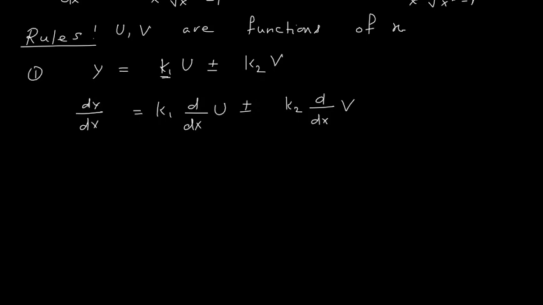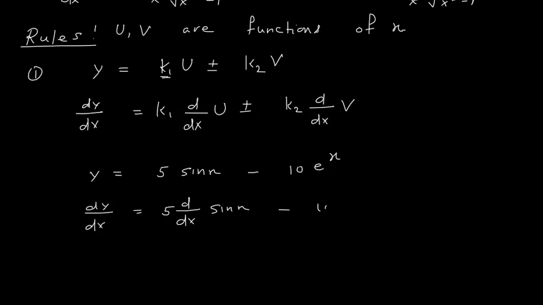Now if I take an example, y is equal to 5 into sin x minus 10 into e power x, and I have to find dy upon dx. So here I will take 5 out. I will first write the formula: 5 d by dx of sin x minus 10 d by dx of e power x.